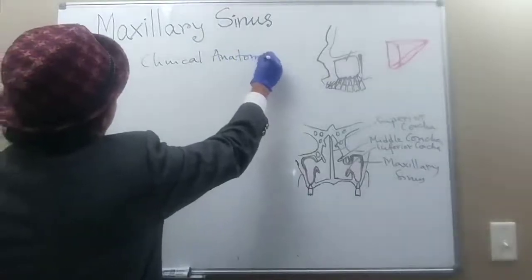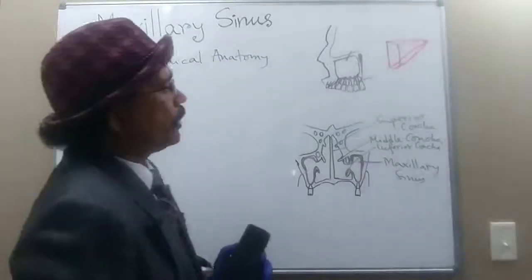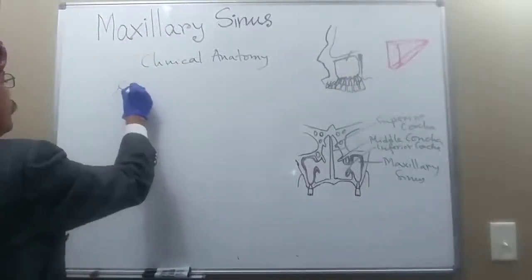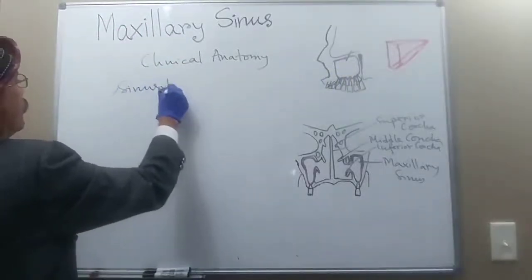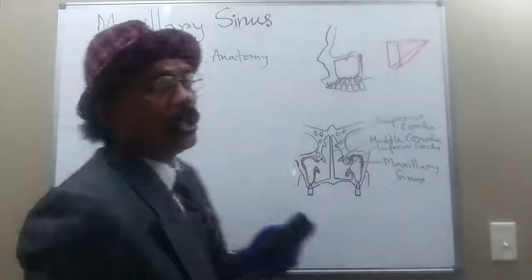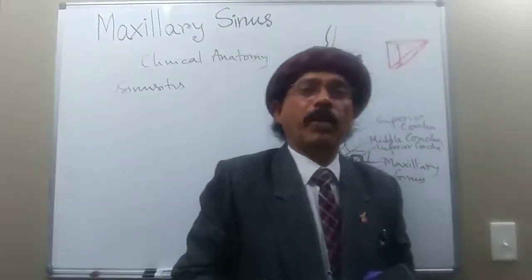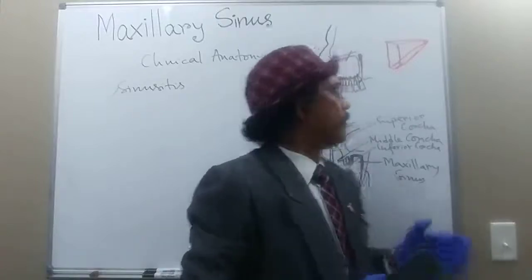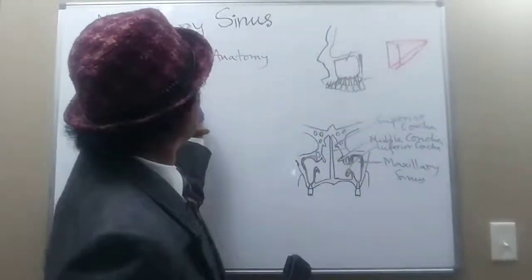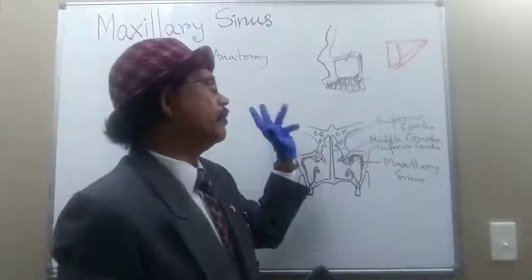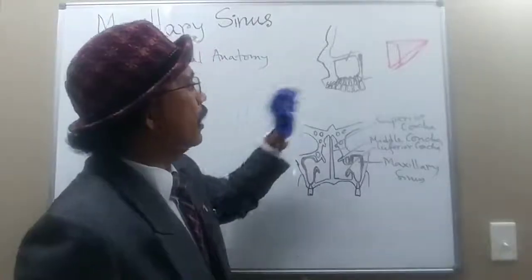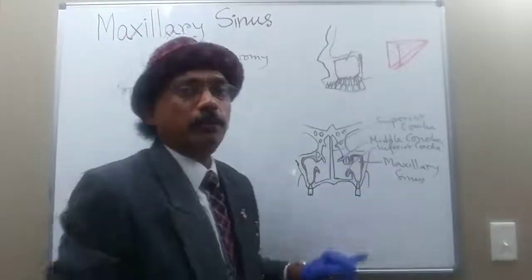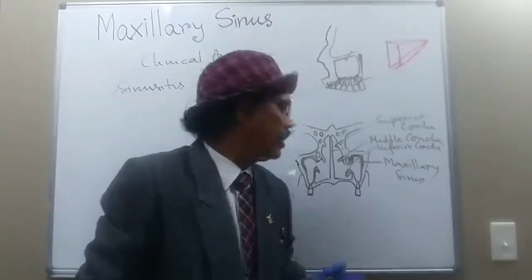Okay, this is the common site of sinusitis. Sinusitis means inflammation of the paranasal sinuses. So it is a common site of sinusitis, common cold. There may be infection there, collection of fluid there. Fluid may not drain properly because of anatomical disadvantage.